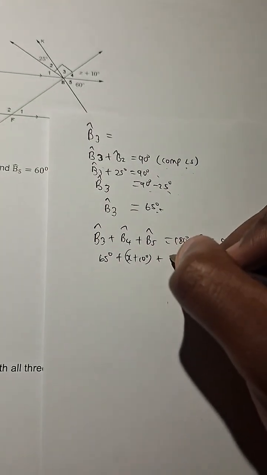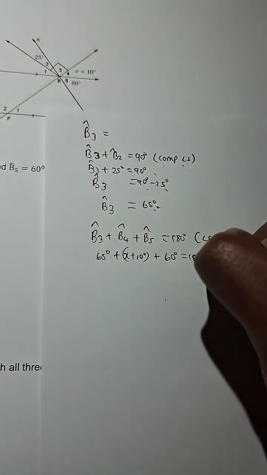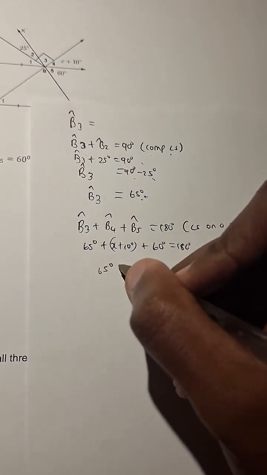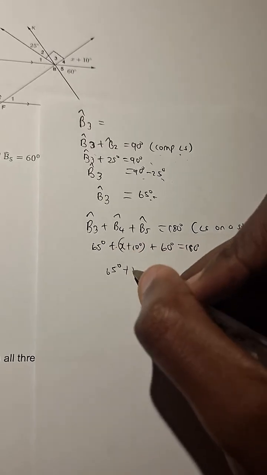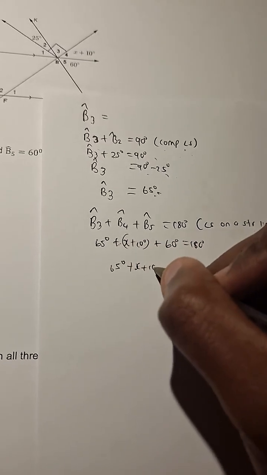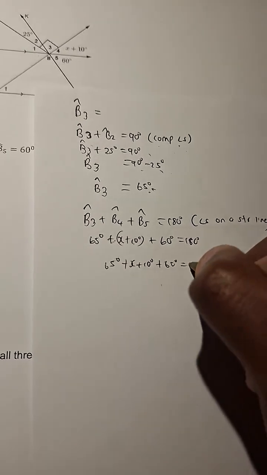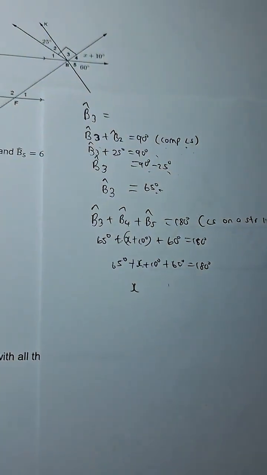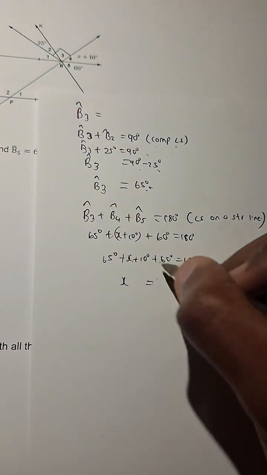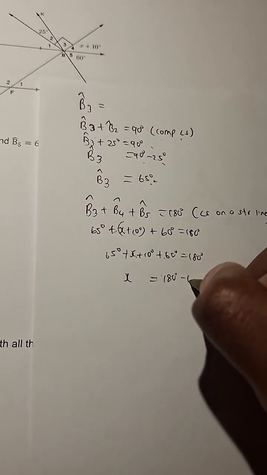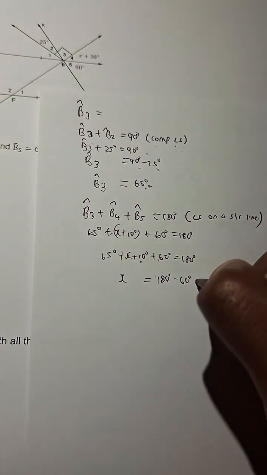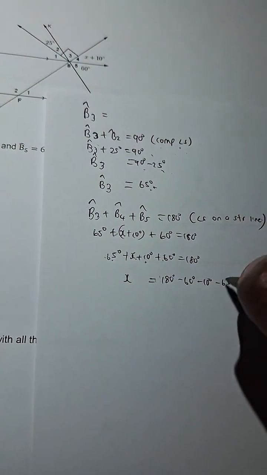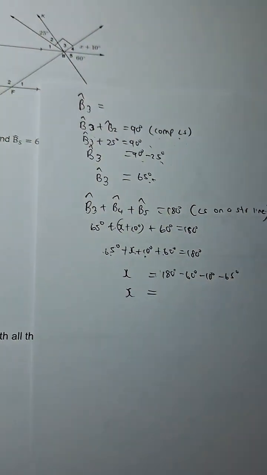and then B5, 60 degrees, is equal to 180. Then let us solve. 65, remove the bracket, positive times x is positive x, positive times 10 is positive 10, plus 60 degrees. We leave the x on the left and transpose everything else. In other words, 60 on the other side becomes negative 60, positive 10 becomes negative 10, positive 65 becomes negative 65, and someone must give me the calculator answer.